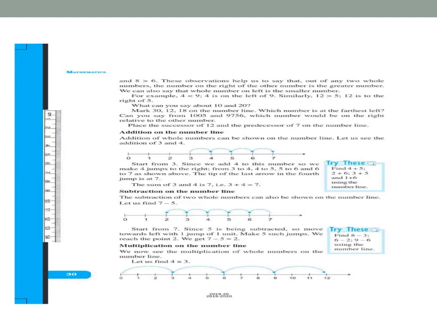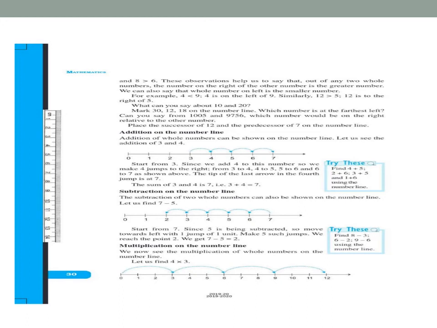7. So starting from 3 we keep on drawing one arrow for each unit. The distance on the number line, starting from 3 and ending at 7, shows that the sum of 3 and 4 is 7. That is 3 plus 4.